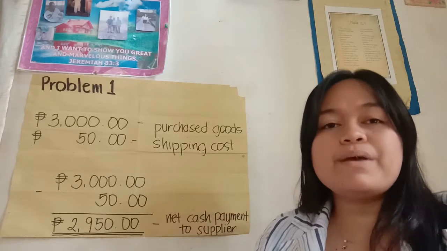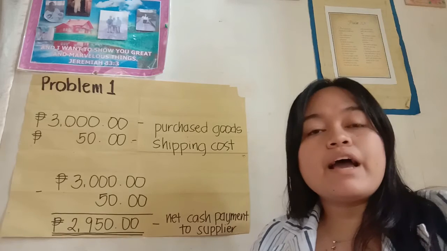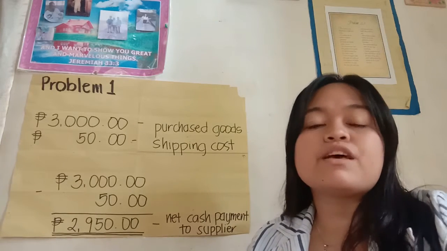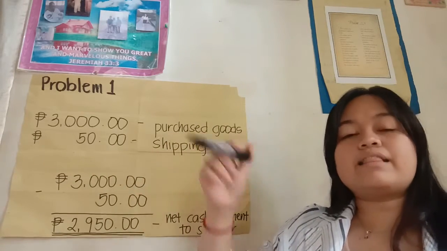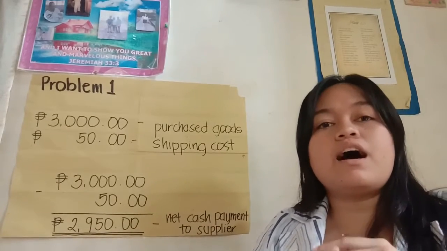If FOB destination, freight collect was used, the buyer will not recognize the freight-in; only the supplier, and the 50 pesos is the shipping cost. That is the freight-in or freight collect of that situation.